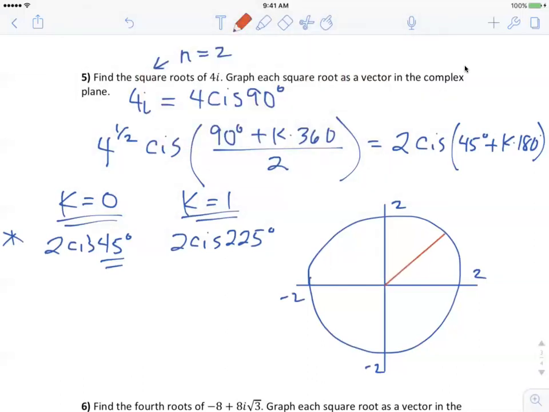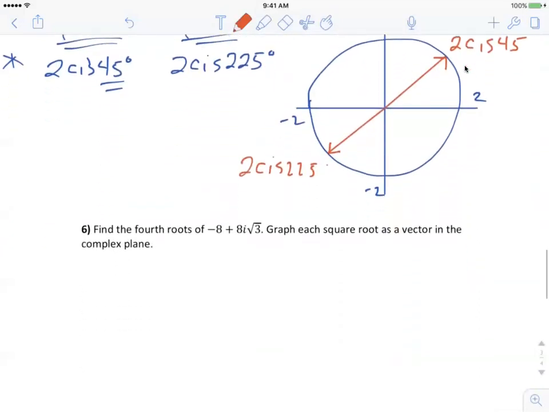There's 2 cis 45. And then 225 is the opposite direction. There's 2 cis 225. And there's the graph. Cool, cool.